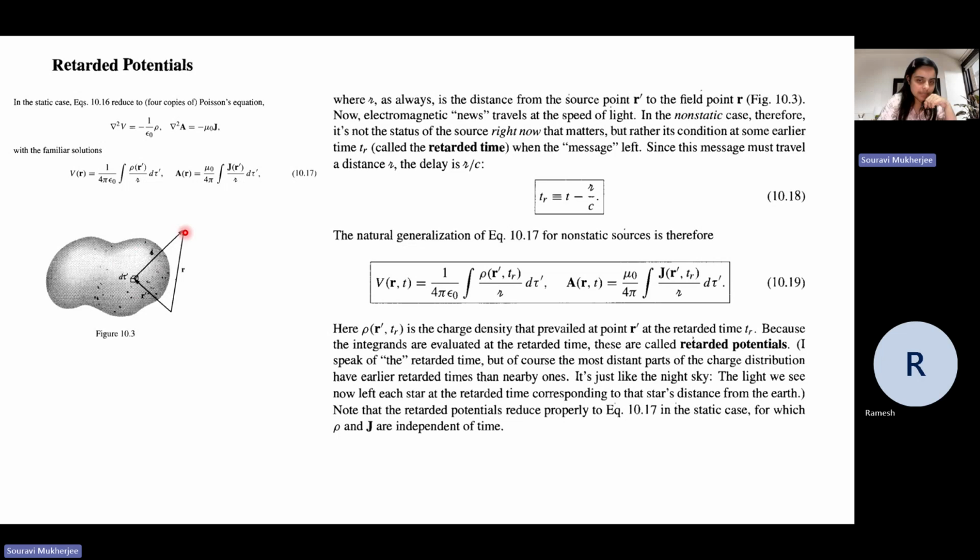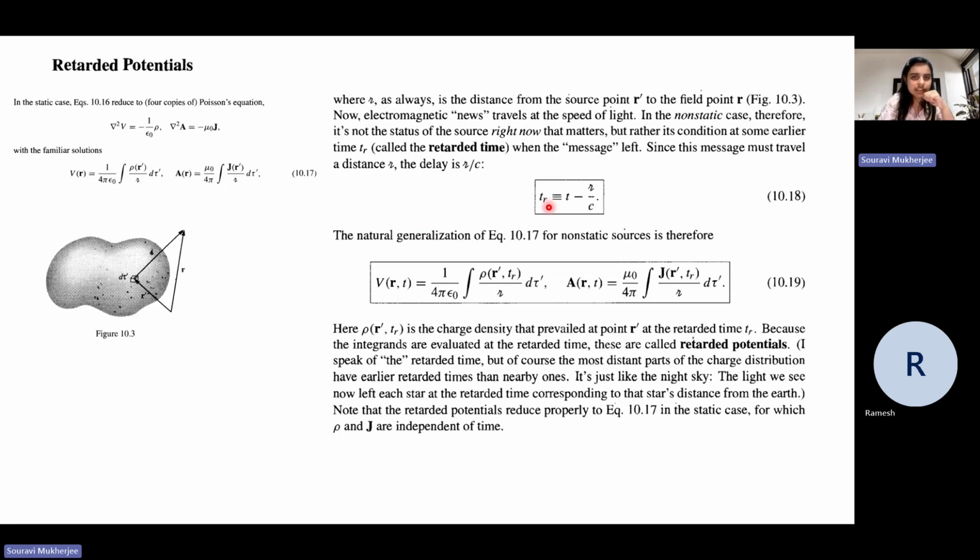Some change that happens at the initial time gets reflected at this point when you are measuring at a certain time t. And what is this delay? It depends on the distance, how far you are, divided by c. Basically, how long it takes for the wave to travel. So this time is called the retarded time.